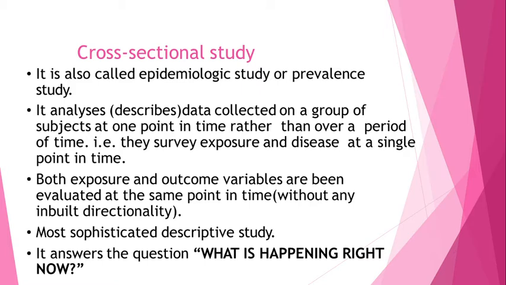It is a more sophisticated descriptive study, and it is generally carried out to answer the question of what is currently happening. It will not give you an idea about what may happen in the future, but it will give you an idea about what is currently happening with your drug. These are usually done through survey studies, chart reviews or database analysis.